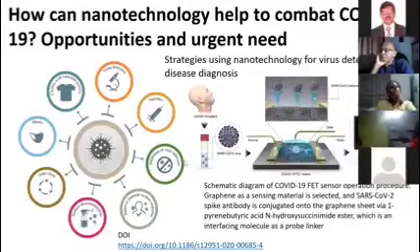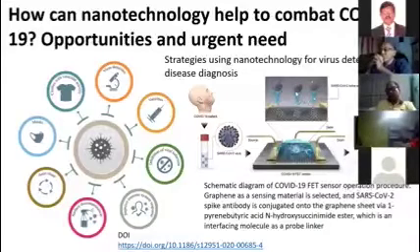So you see, in protection as well as cure, for all these purposes, nanotechnology can be used. This is one of those strategies using nanotechnology for virus detection and disease diagnosis. What is shown here is a schematic diagram of the COVID-19 FET sensor operation procedure.